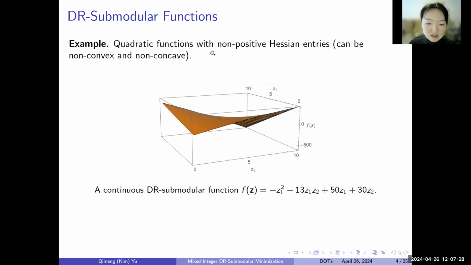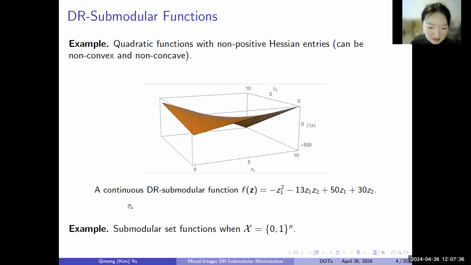And these functions can be nonconvex and nonconcave, just like this one in the figure. And if we restrict the domain to be just the binary lattice, then the well-known classical submodular set functions are a subclass of DR-submodular functions.